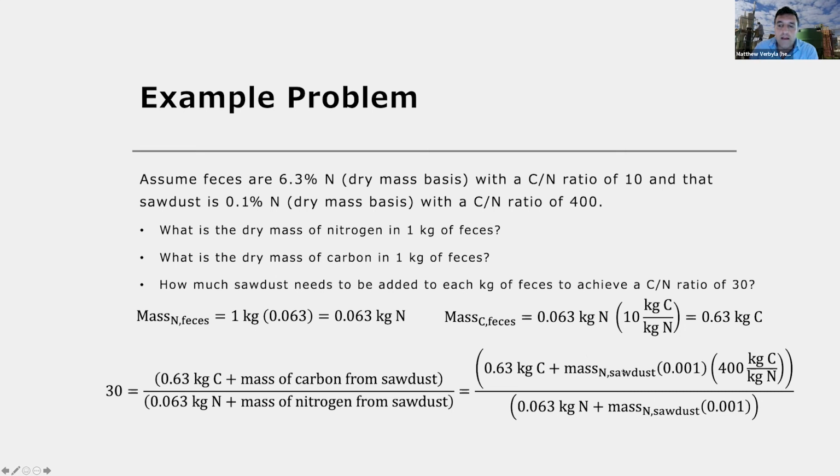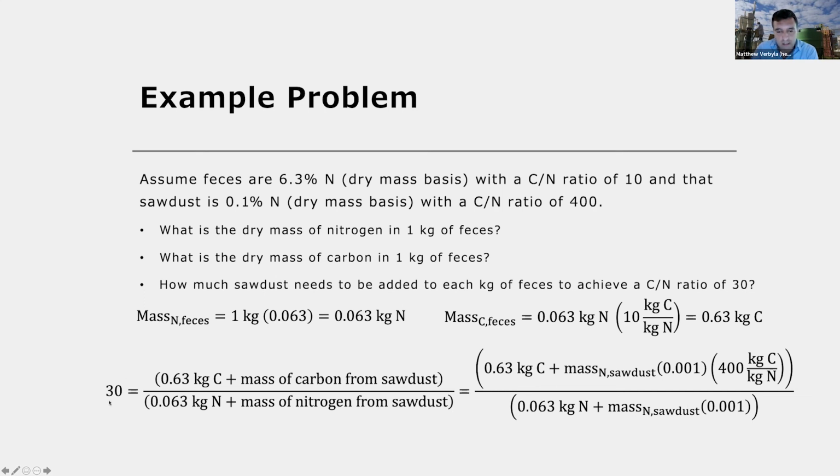The total mass of the sawdust multiplied by the percent nitrogen multiplied by the ratio of carbon to nitrogen, 400, will give us the mass of carbon in the sawdust. So that's the total mass of the sawdust multiplied by 0.001, multiplied by 400. On the denominator, we take the total mass of the sawdust multiplied by 0.001, and that's going to give us the mass of nitrogen in the sawdust.